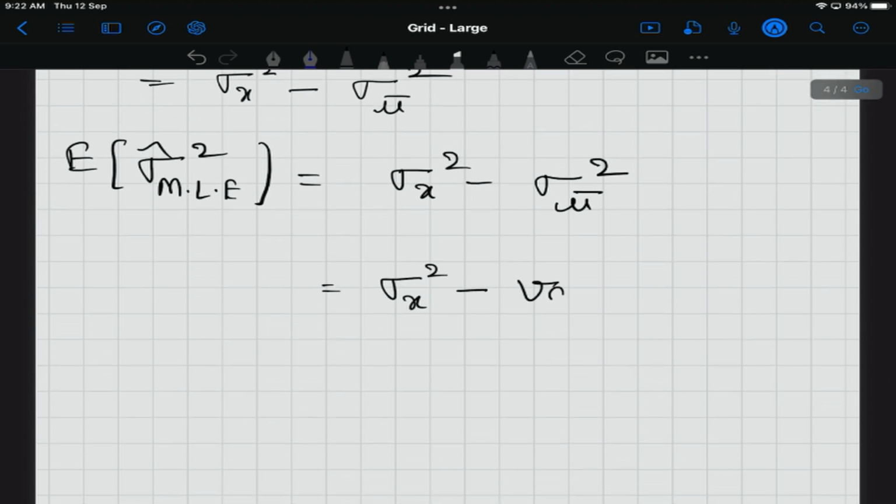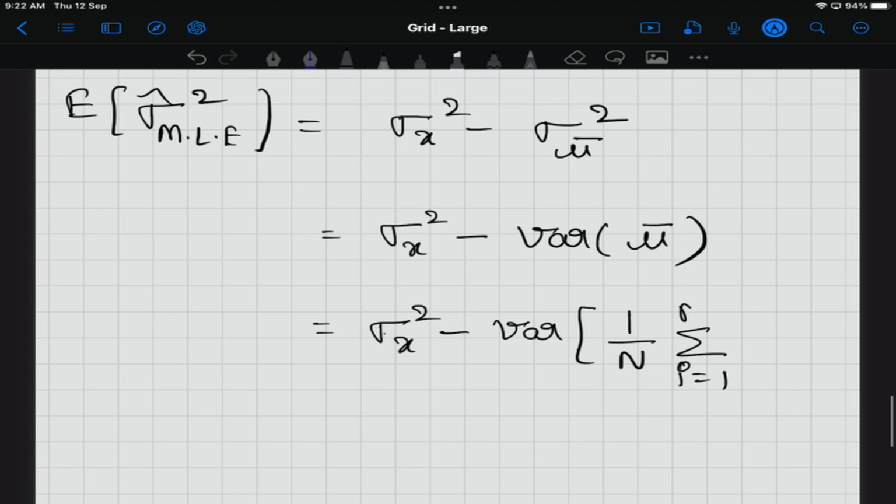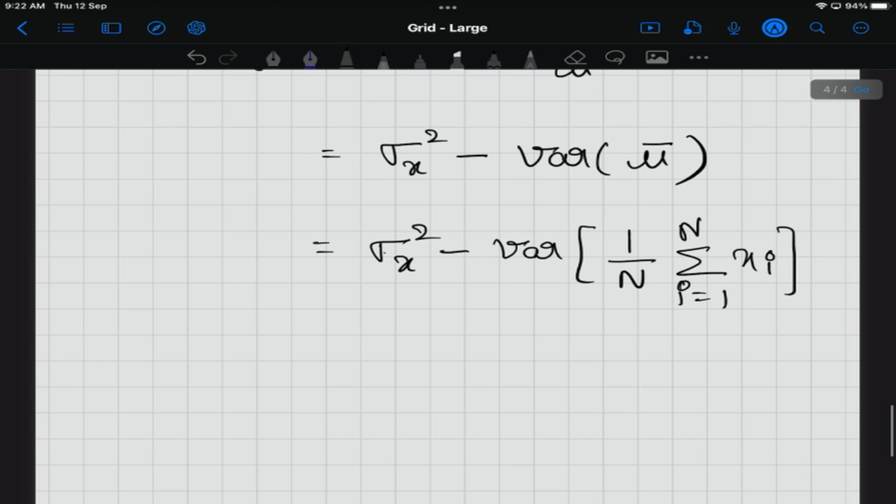The variance of mu hat. Mu hat is 1 by n summation i equals 1 to n xi, right? Your mu hat is the MLE estimate, so that is this summation.